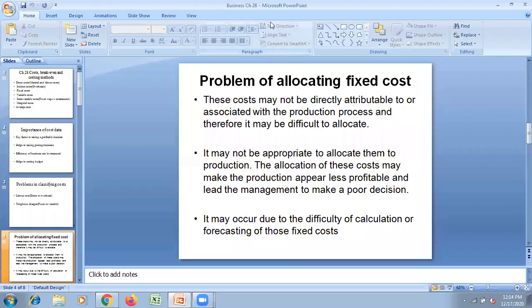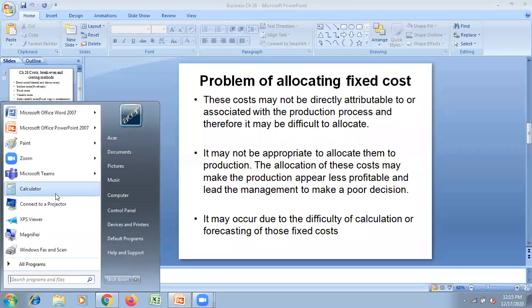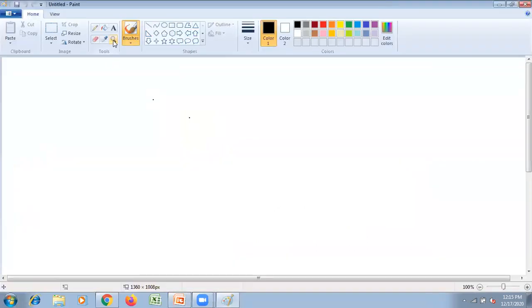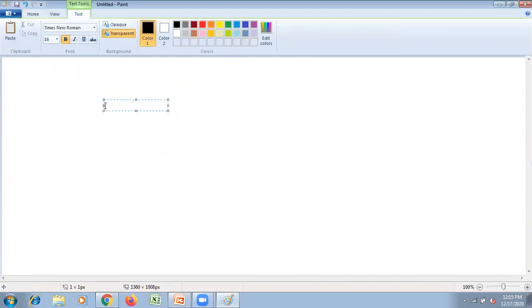Just a minute. Let me show it to you. For example, I just told you that we manufacture pens, right? And the cost of one pen is $5. This is the cost of pen, right? And the price of that pen is, let's say, $10.